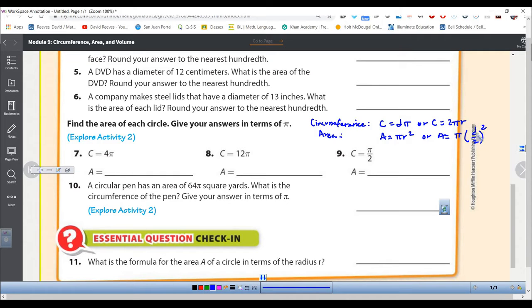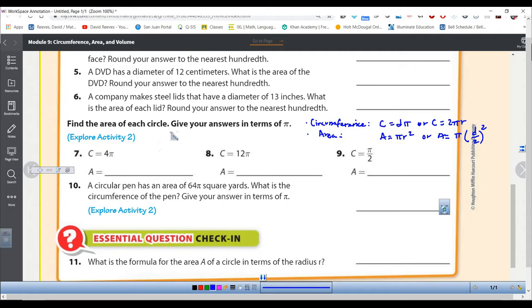So if they give you the diameter, you can divide it by 2, square it, and then multiply by pi. But as I said in the previous video, I recommend that you always find r right off the bat and then just use the formula pi times the radius squared. Remember, order of operations: we square the radius first before we multiply by pi. Those are a couple quick reminders.